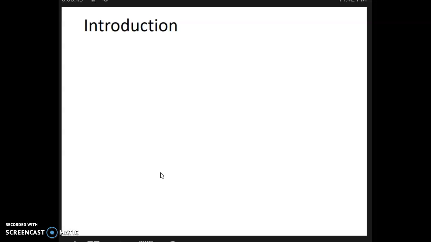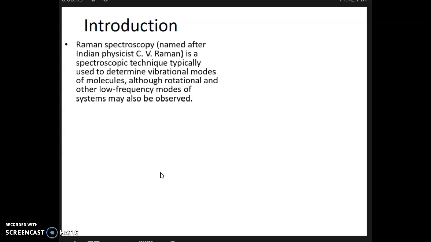So, Raman spectroscopy is a spectroscopic technique. Remember, in spectroscopy we study matter, the various energy levels present in matter, using electromagnetic radiation. Raman spectroscopy is named after an Indian physicist.